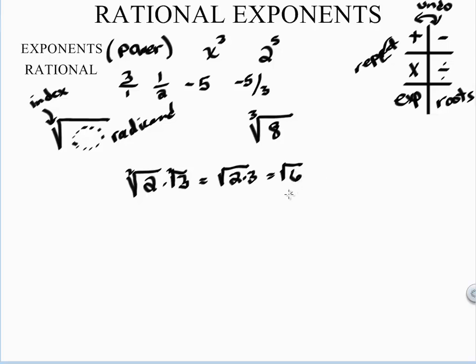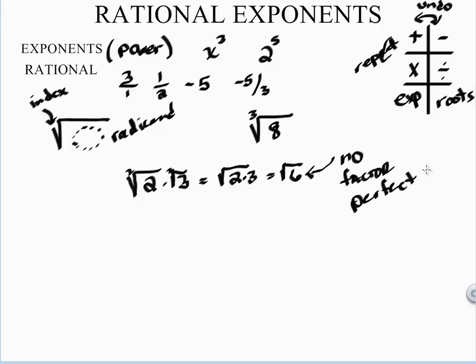One of the rules in simplifying a radical is that the radicand, the number in here, has no factor that is a perfect square in the case of a square root, a perfect cube if it's a cube root, or a perfect fourth power if it's a fourth root.